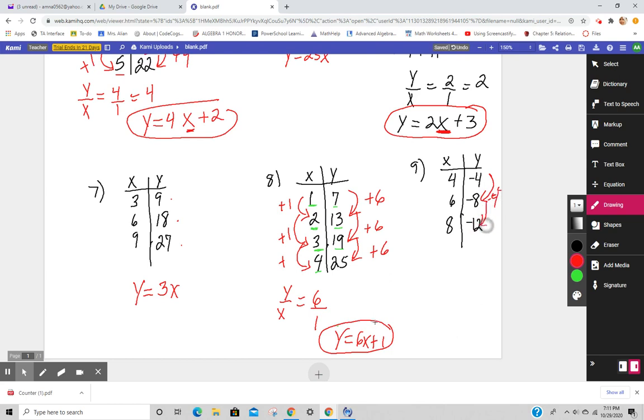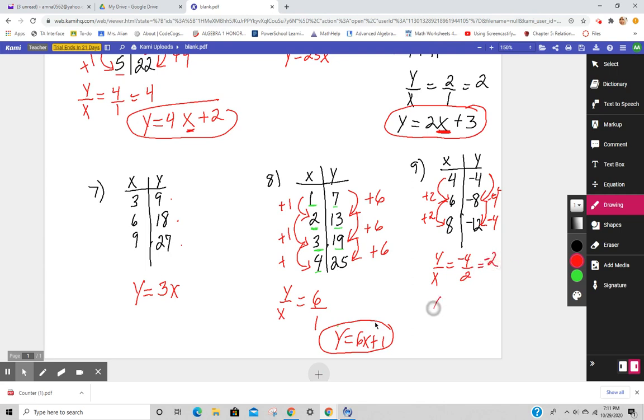And from negative 8 to negative 12, we're subtracting 4 again. Now let's see how the x values are changing. 4 to 6, we're adding 2. And 6 to 8, we're adding 2. So change in y over change in x is negative 4 over 2, which is negative 2.